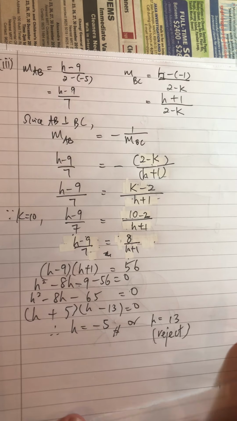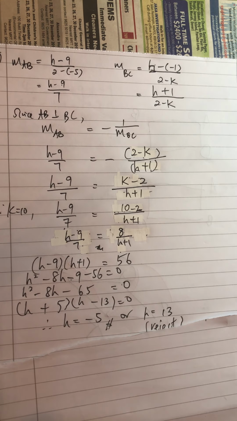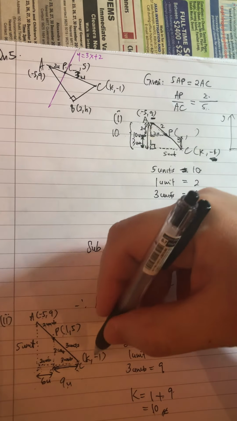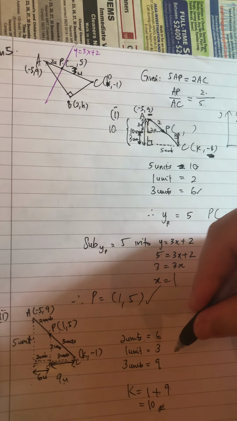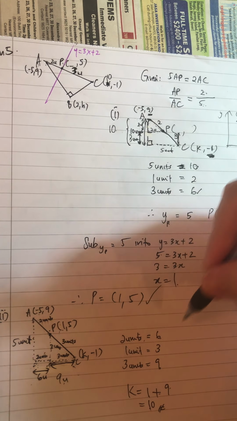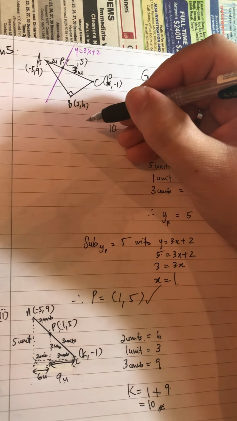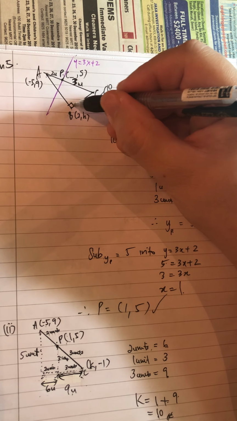Now, how do I continue and do the other question? The other question wants you to find H. We found K already. So K is 10. H is what they want us to find. So there must be a reason why they tell us that this is 90 degrees.